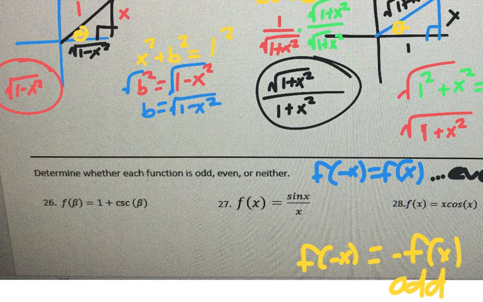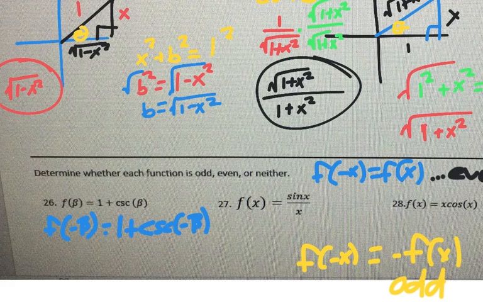Okay, so when I look here at 26, I've got 1 plus cosecant of beta. So in order to tell if this is even or odd, we want to plug in a negative variable. So we're going to plug in negative beta. So that makes this 1 plus cosecant of negative beta. And now what do I have? A negative in the argument. So I'm going to use my even-odd identities.